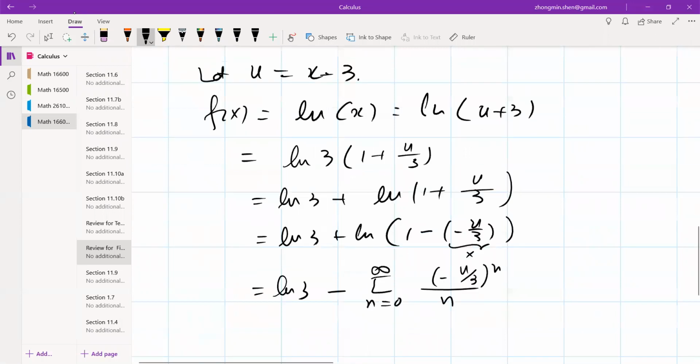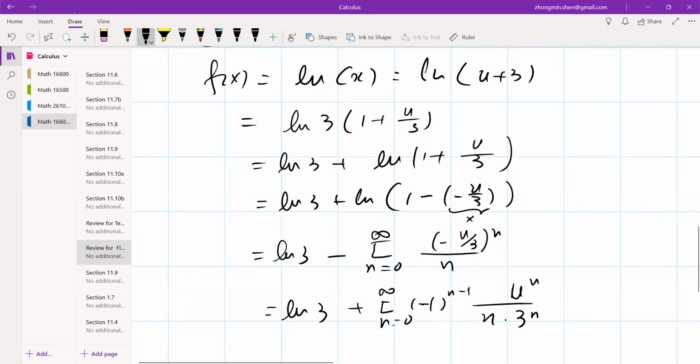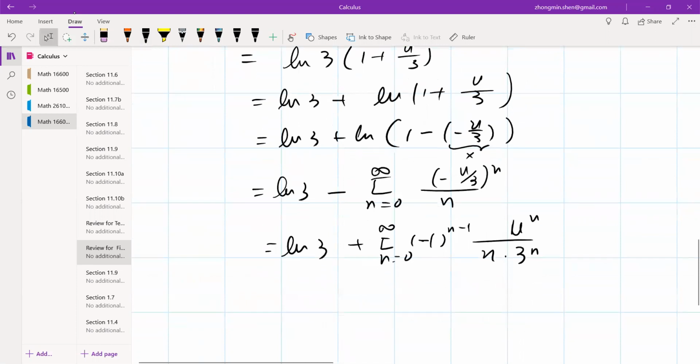And you simplify it a little bit. I can move the negative sign inside, and negative 1 to the n minus 1 or n plus 1 doesn't matter, it's the same. And here's n, and 3 to the n, and u to the power n. And you change u to x minus 3, then you solve the problem.